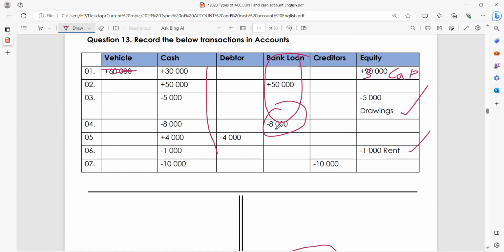Bank loan account, 2 transactions, 1 account. But equity, 3 transactions, all different: capital account, drawings account, rent account. Prepare the answers and send it to me. WhatsApp me the answers, then I can check them and let you know if there is any mistake.